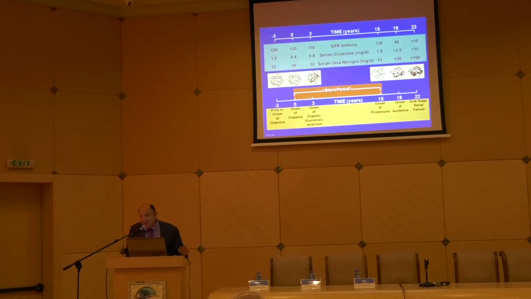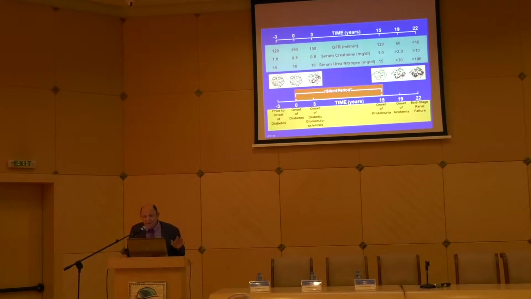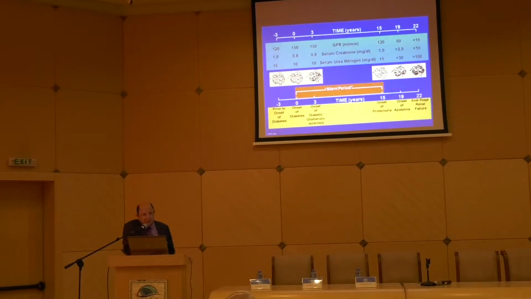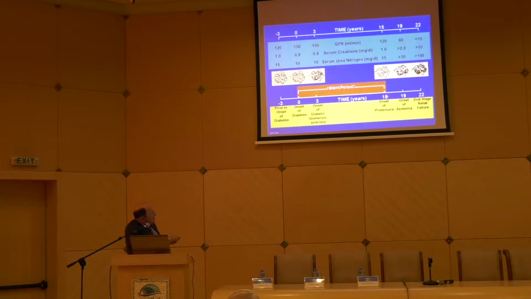You may be able to slow down the retinopathy and the neuropathy, but once you start to get significant macroproteinuria, this person is in trouble. Then within a period of 4 to 5 years, you get a halving of your GFR, and then within another 3 to 4 years, these people are at end-stage renal disease.